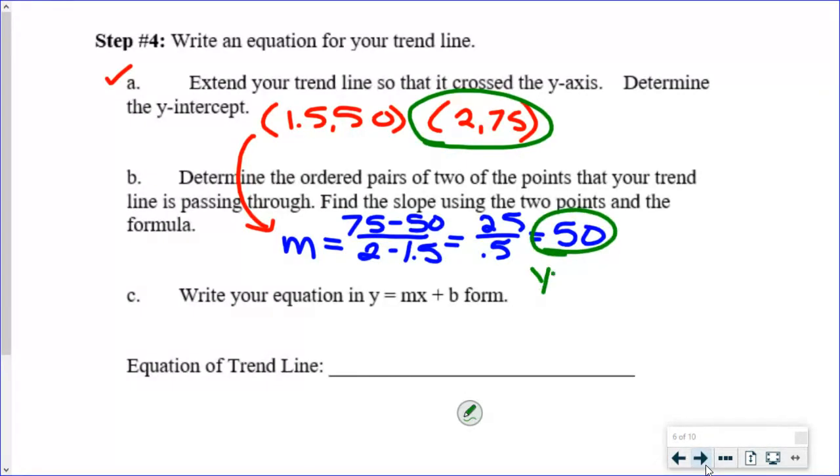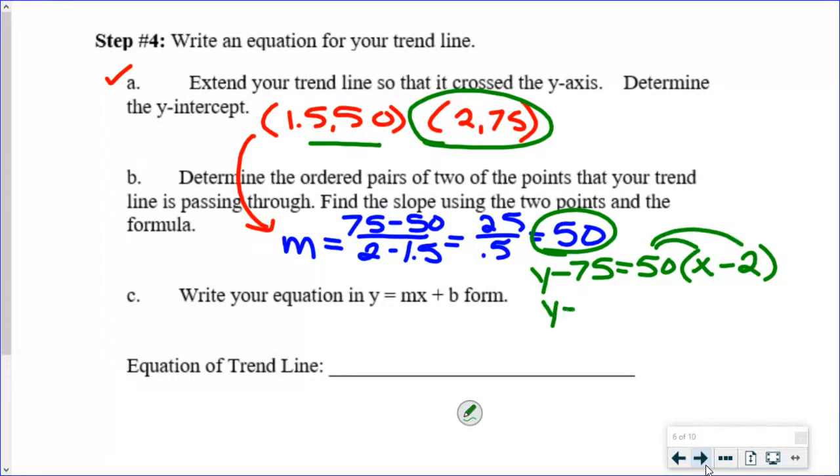So y minus my y value from the ordered pair I chose equals 50 times x minus my x value. Again, I could choose the other one, but I would prefer not to do the decimal one.